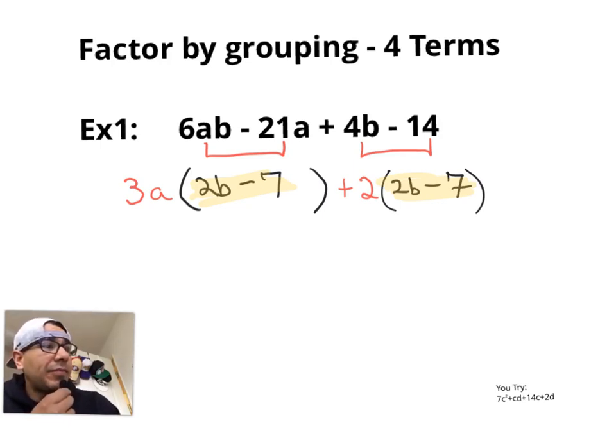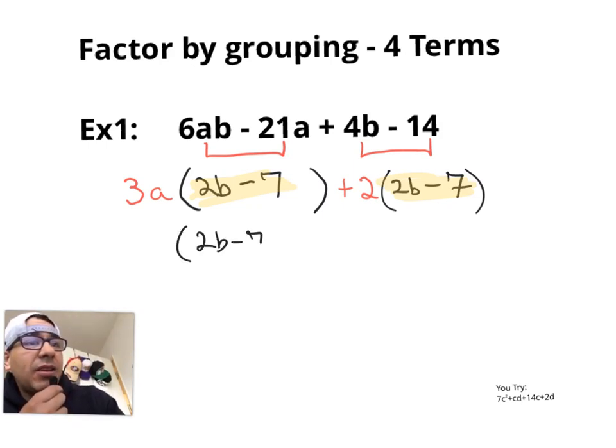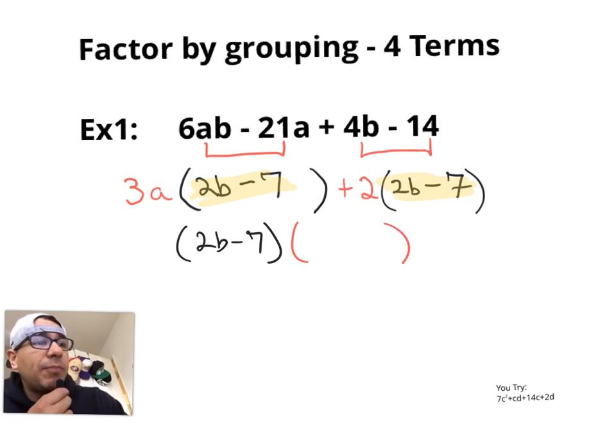Well, they have the 2B minus 7 in common, so we factor that out, because that's what they have in common. And then you ask yourself, what's left? If I take out the 2B minus 7 from each one, what do you have left? You can see you have the 3A left, and you have the plus 2 left.